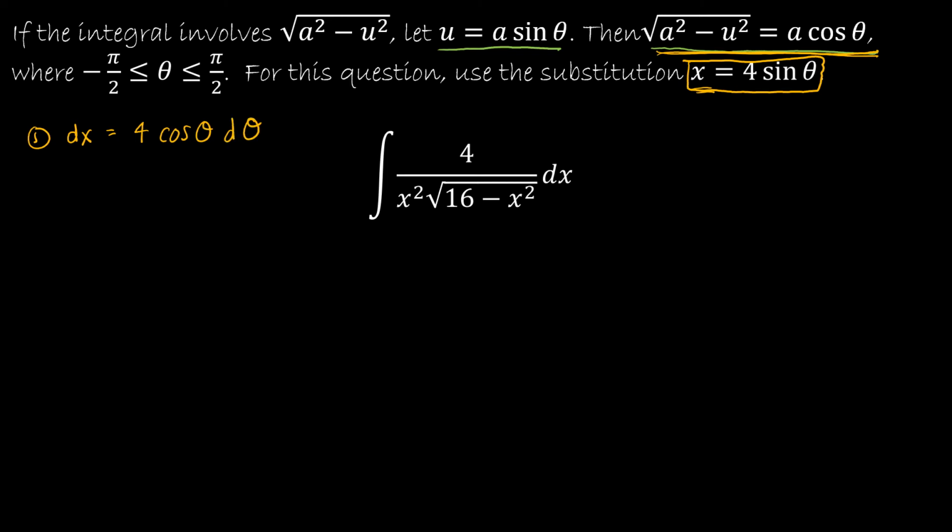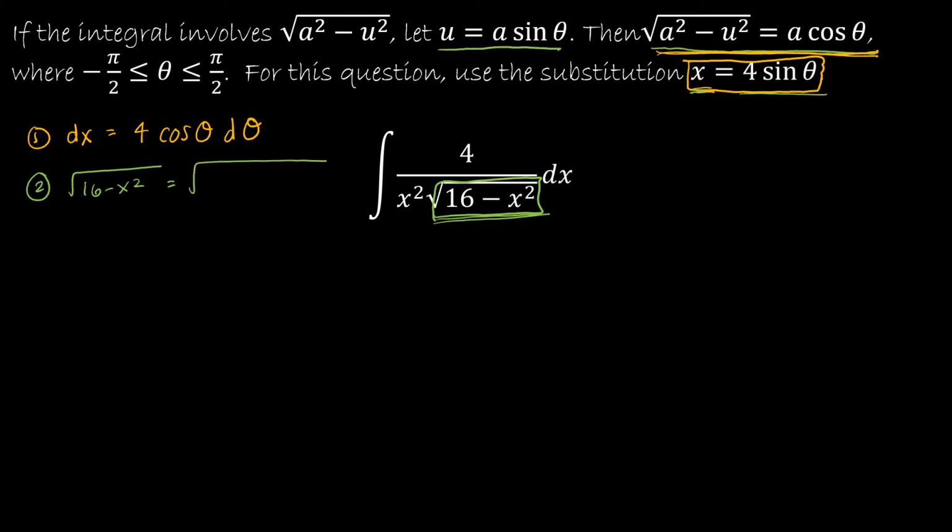Step 2 is to simplify our square root. Whatever the radical is in our question, we're going to simplify that next. I'm going to go through this one the long way. And I'm only going to be worried about the radical, so everything else I'm just going to keep there for now. So this is 16 minus x squared. And they've told us to take x to be equal to 4 sine theta.